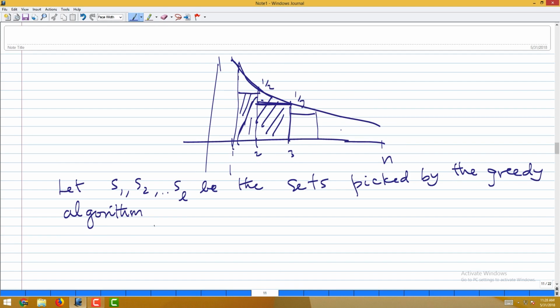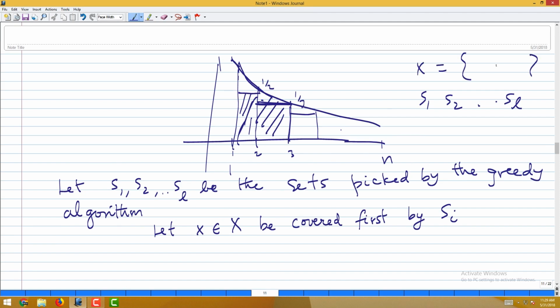So, let x in my universe be covered first by the set Si, because my S1, S2, ..., SL cover my entire universe.